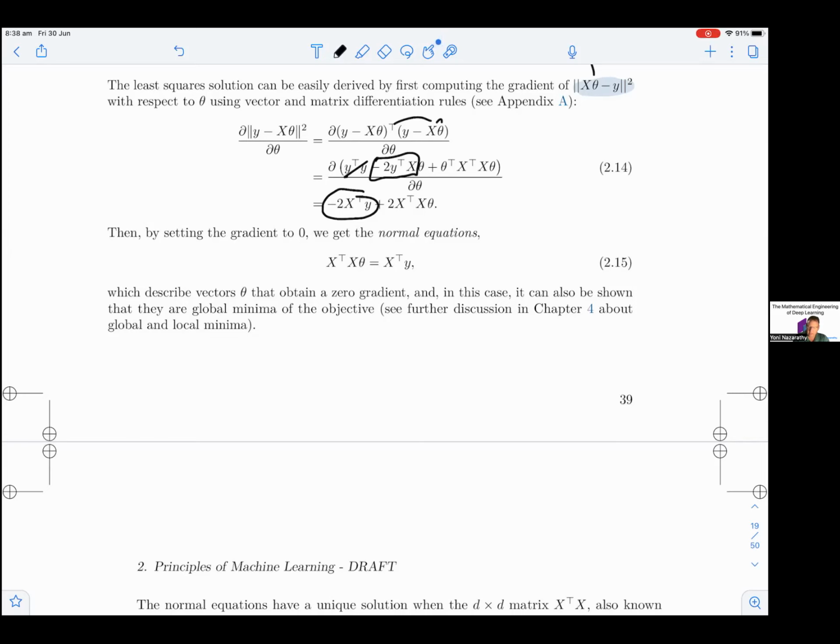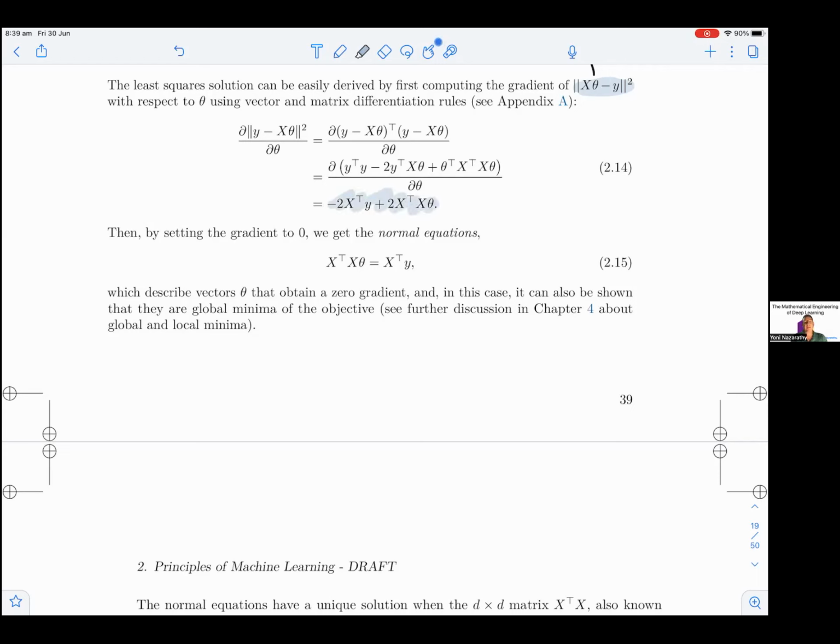Sorry, I said four terms, but there are three terms here because we collected two of them with this 2. And this quadratic form, its gradient with respect to theta is as follows. Hence we have that the gradient with respect to theta equals this expression that you have here.